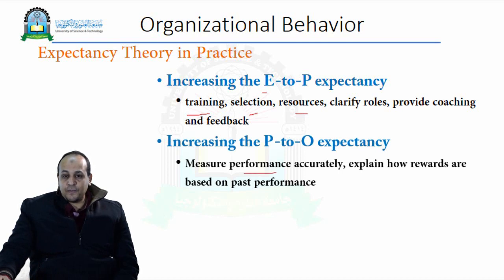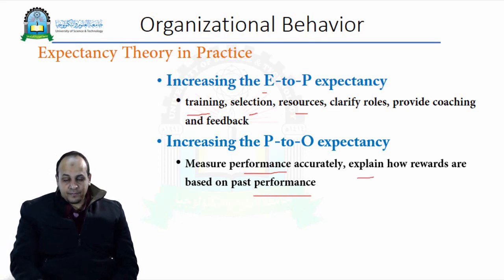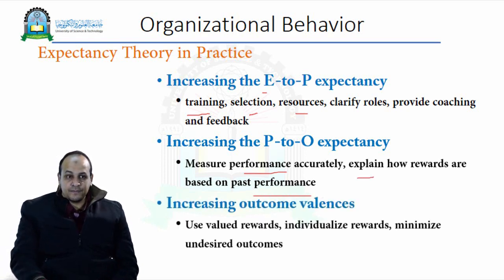So measure the performance accurately. When we measure performance, the measurement mechanism must be accurate, and it should be made clear to employees how performance was measured and the consequences that follow, which are rewards. And explain how rewards are based on past performance. Now the point of explaining is actually very important to guarantee the satisfaction of the employees.